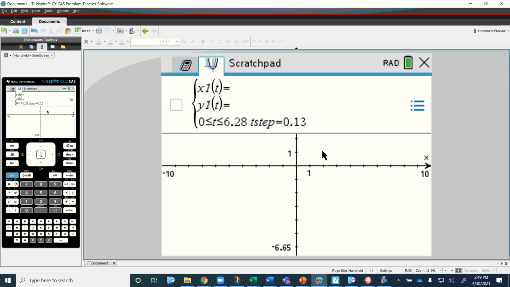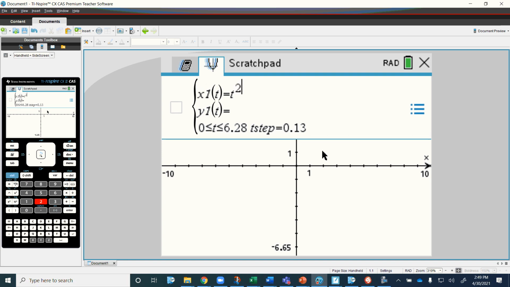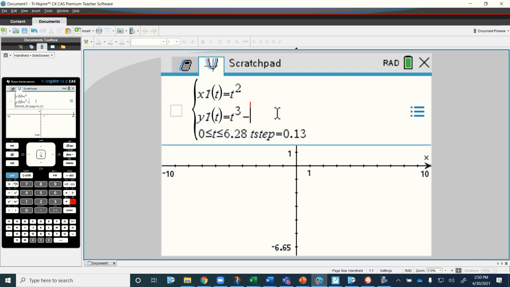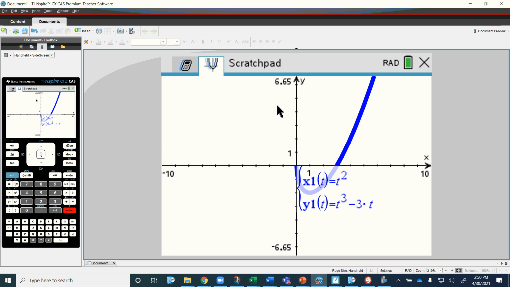Now if I graph the parametric function as it was given to me, where I say t squared for the first equation of x, and then for the second equation, what did we have? We had t to the third power minus 3t. If we graph that, this is what I was getting.